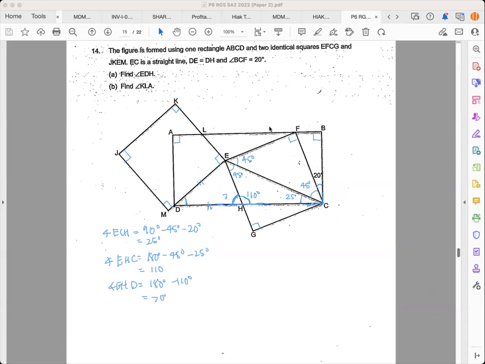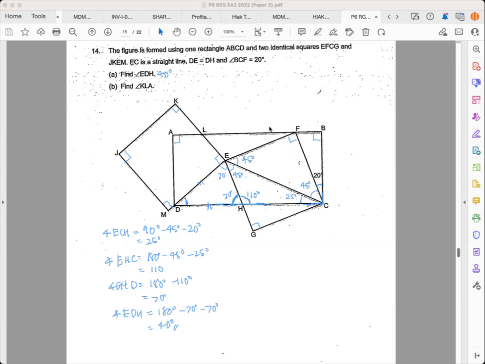So this is 70, and this will also be 70. Angle EDH is the angle at the tip of the isosceles triangle. Angle EDH will be equal to 180 minus 70 twice, the bottom angles of the isosceles triangle. You get 40 degrees. So this is 40 degrees.